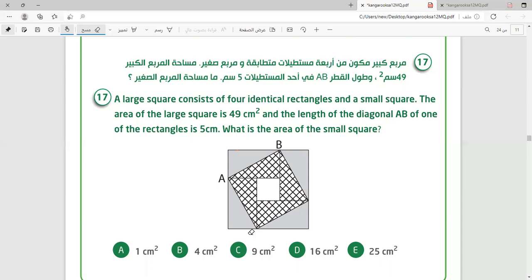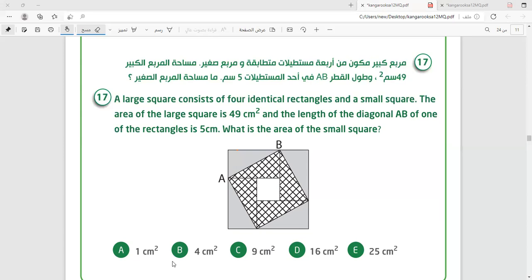So the area of this small square, we can at first zoom in to be clear. It says here's 5, here's 5, and here's 5, and here's 5. I'm just going to highlight it to be clear to you.